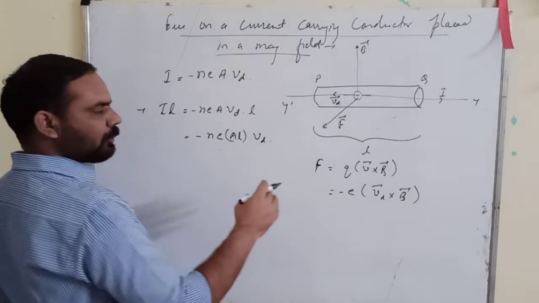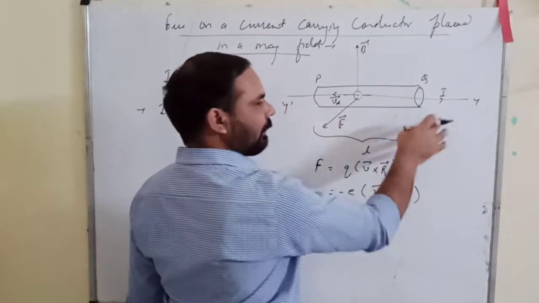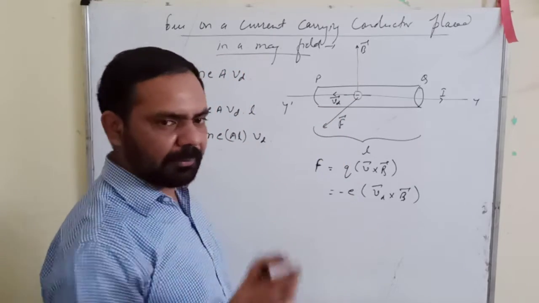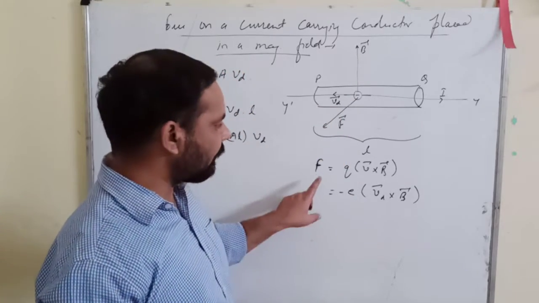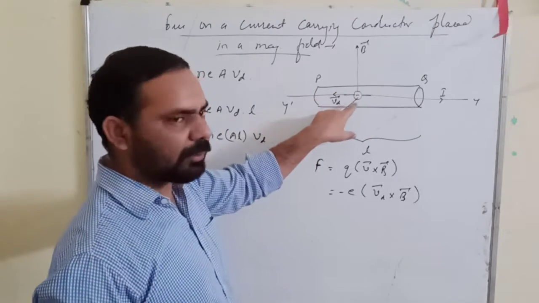How much will be the force on all the electrons? It means the total force experienced by the whole conductor. For that we will have to obtain the total number of flowing charges, that is, the total number of electrons.